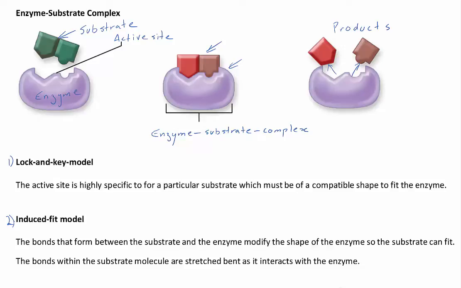An enzyme that dismantles the fatty acid, for example, cannot break down the starch from an energy bar you've eaten, so it's specific to the reaction of dismantling fatty acids. So the lock and key model is represented by this image up here, where you can see that the active site is very specifically shaped to the substrate that fits it.